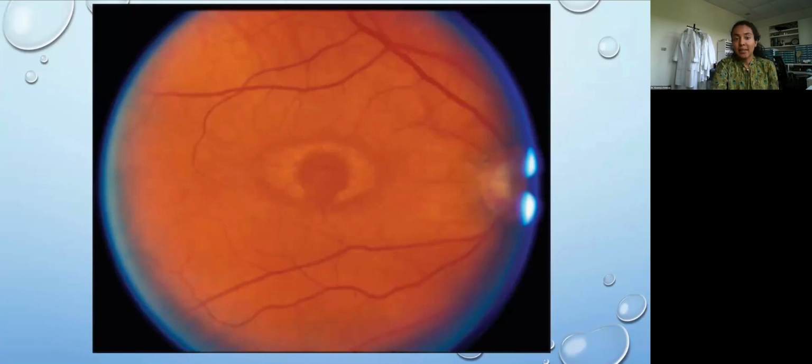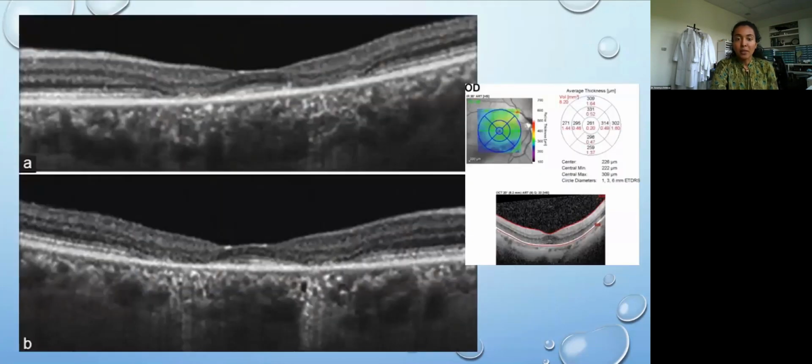So again, this is a different patient with advanced, classic textbook bullseye maculopathy. You can see that the outer retinal layers are completely disrupted for this patient.